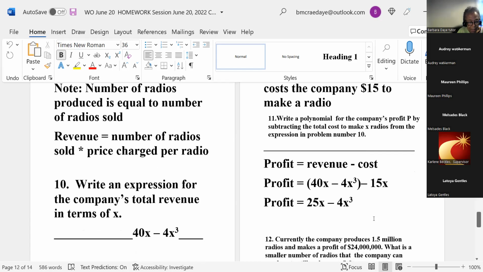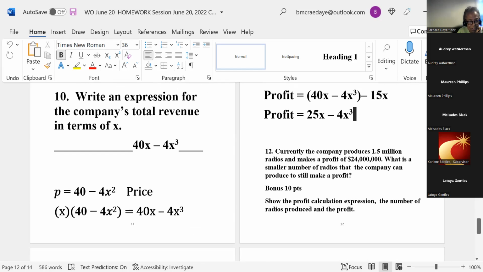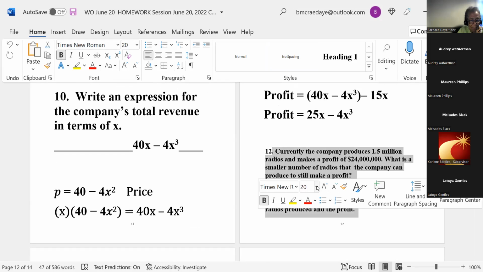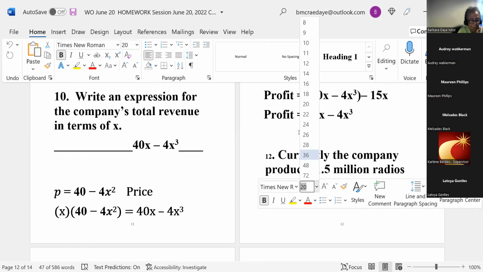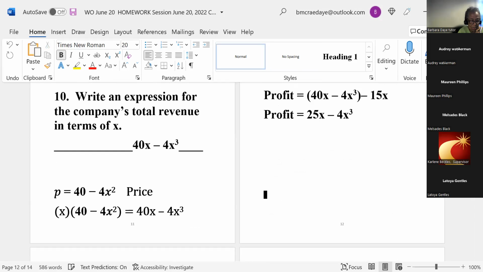Okay, that was number 11. Now here was the bonus part. Let's make that bigger, and I'll put this on the next page.